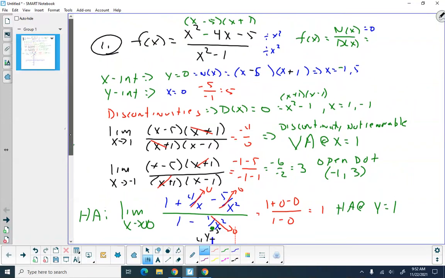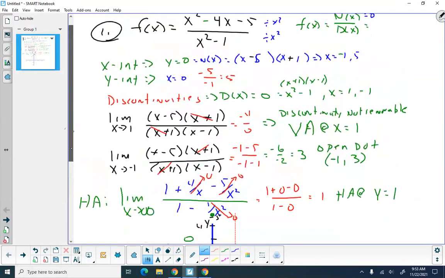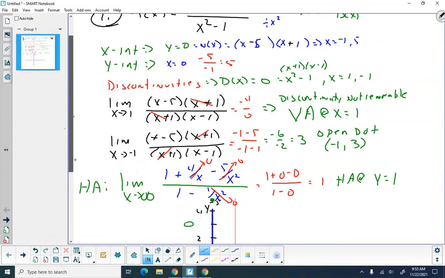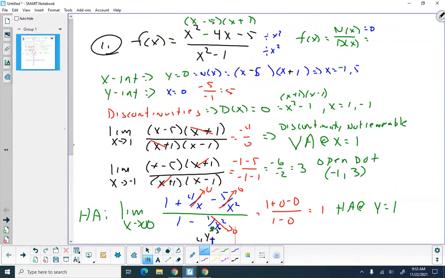Okay, I see where, since I have a removable discontinuity, this here is a removable discontinuity.